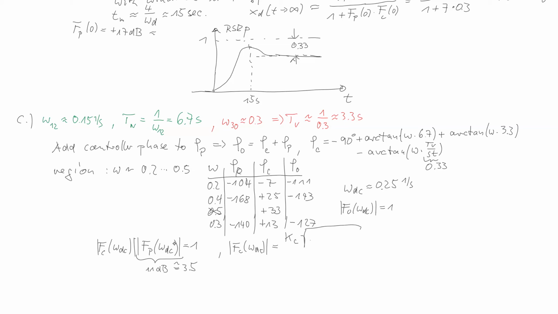Kc is 3.5 times the square root of (omega dc times Tn) squared, times the square root of 1 plus (omega dc times Tv) squared, divided by omega dc times Tn times the square root of 1 plus (omega dc times Tv over step depth) squared.